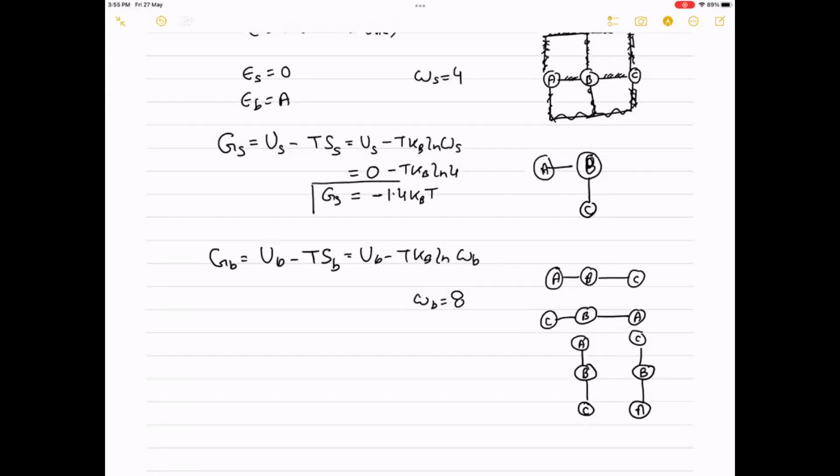This is the value of Gs. Then for the bent state, each configuration has energy A, so the average energy will also be A, minus T kB ln 8, and the value of ln 8 is about 2.1. So this becomes A minus 2.1 kBT.